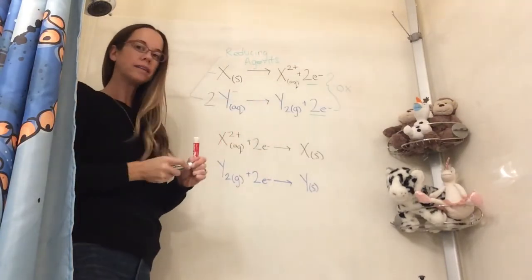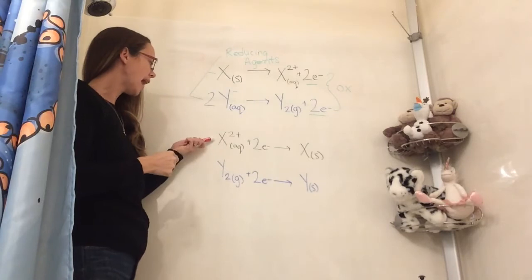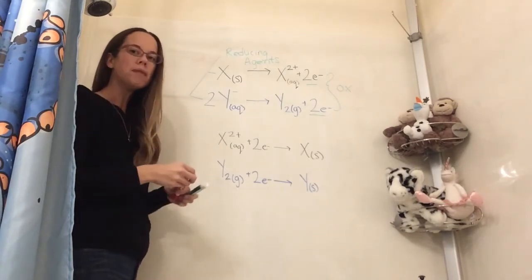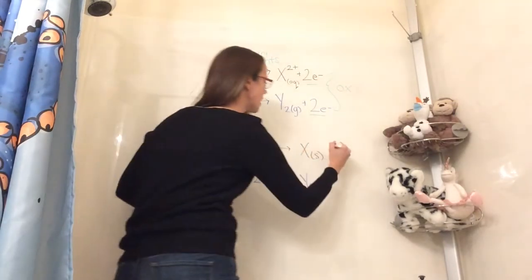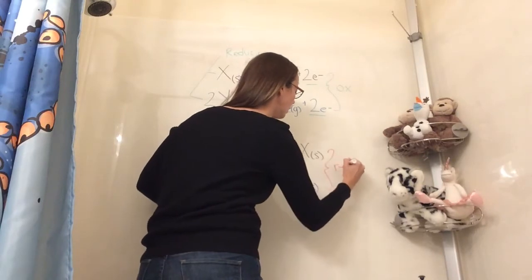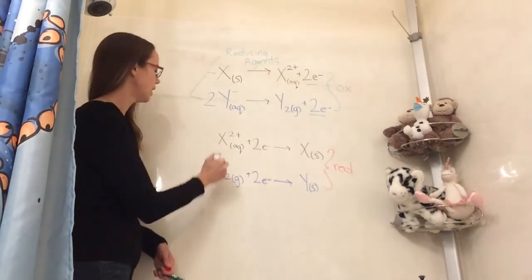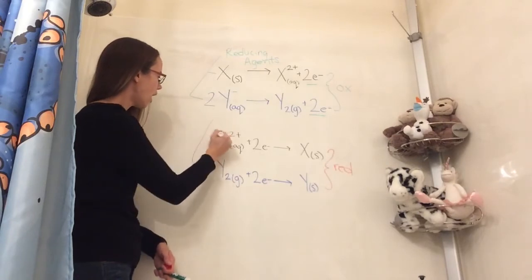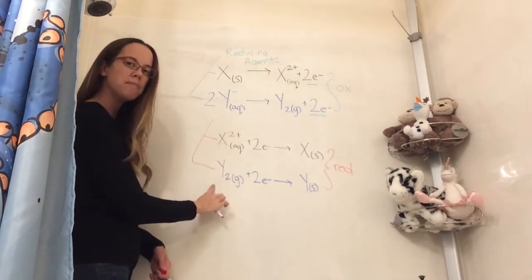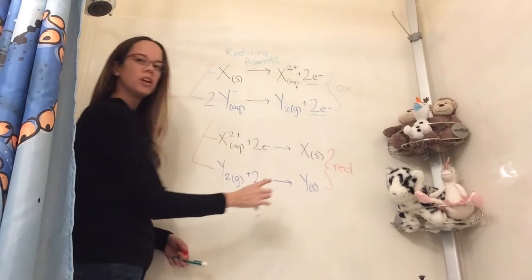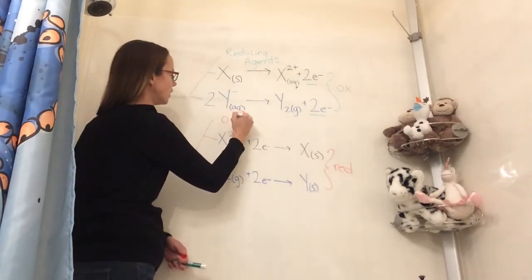Likewise, our cations and nonmetals are undergoing reduction. A gain in electrons is reduction. So our cations and nonmetals, because they're undergoing reduction, are themselves oxidizing agents.